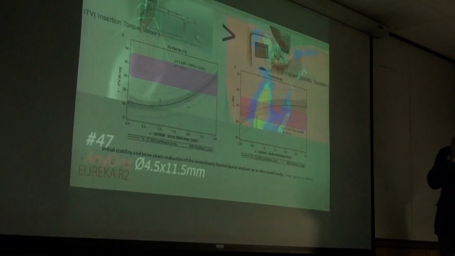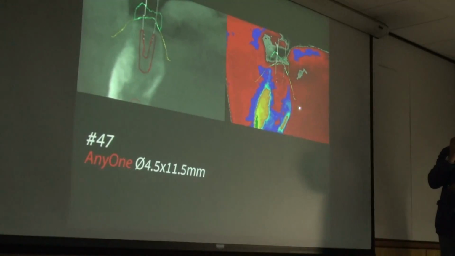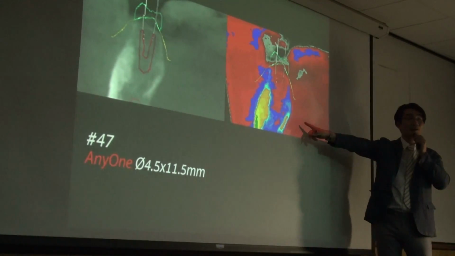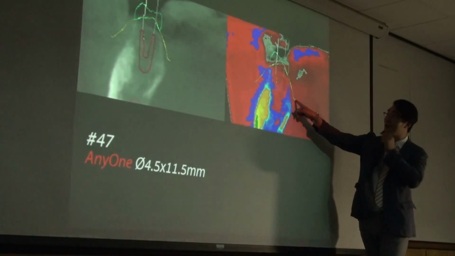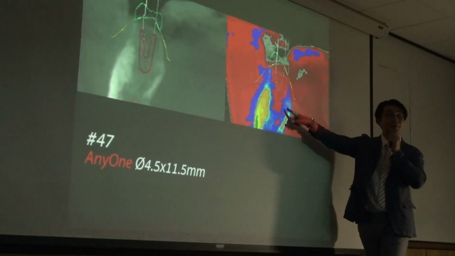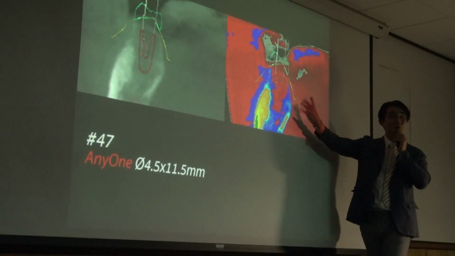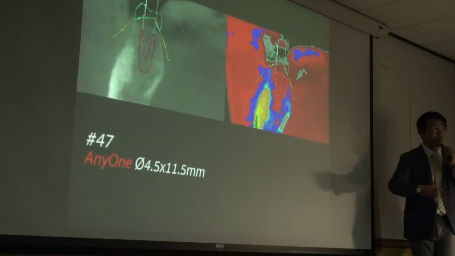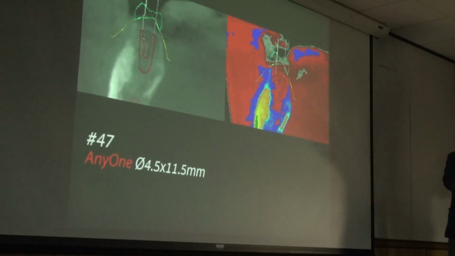Okay. How about this patient's bone quality? From here, you can see the patient's bone quality. It's almost the same as soft tissue, so very poor bone, right? So the drill strategy is very simple: small bone preparation and put in an implant.